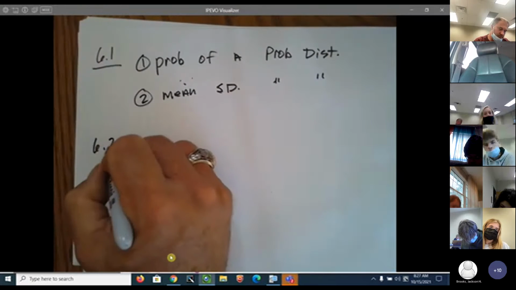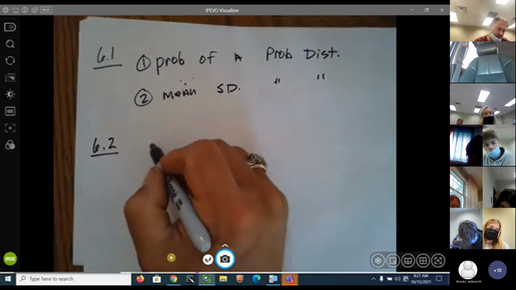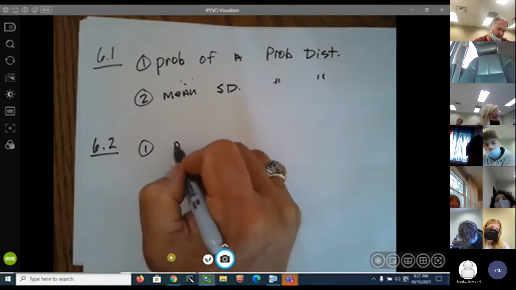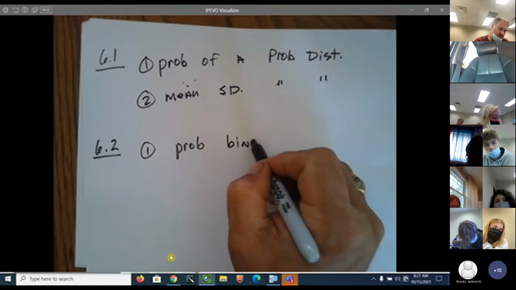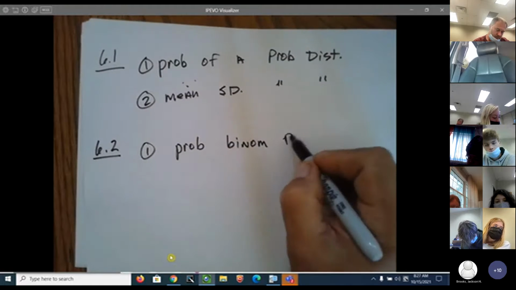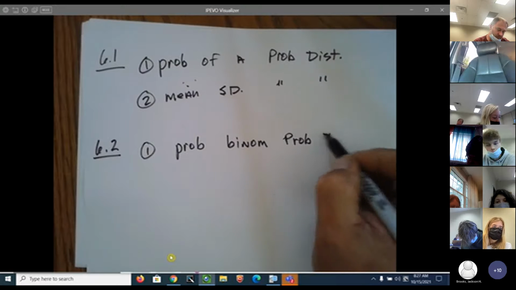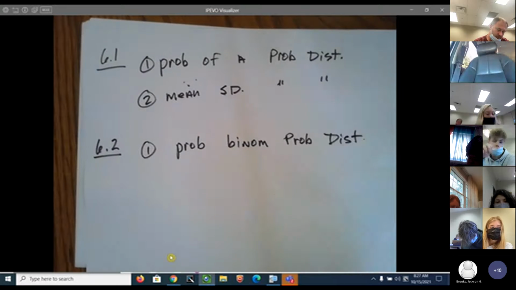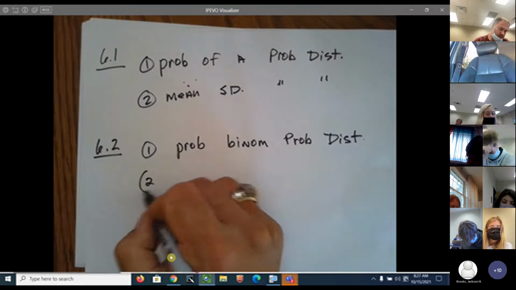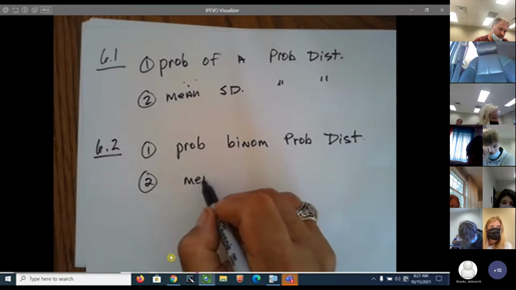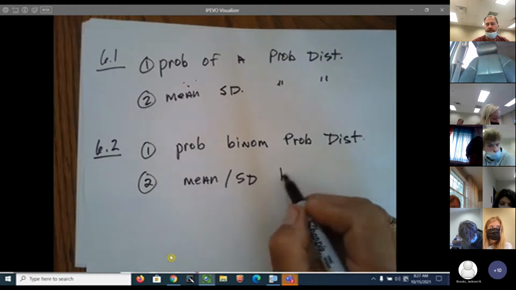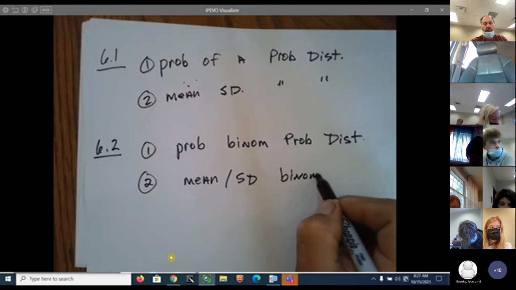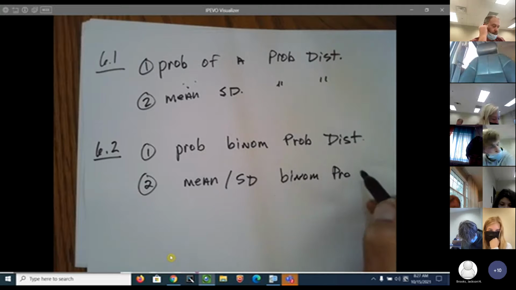In 6.2, you're asked to find the probability of a binomial probability distribution, and you're asked to find the mean and the standard deviation of a binomial probability distribution.